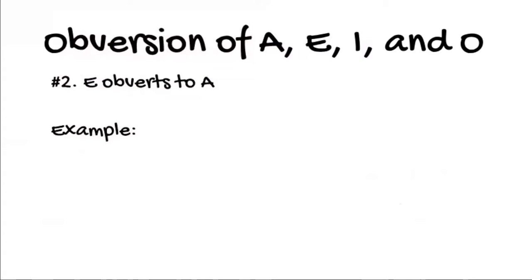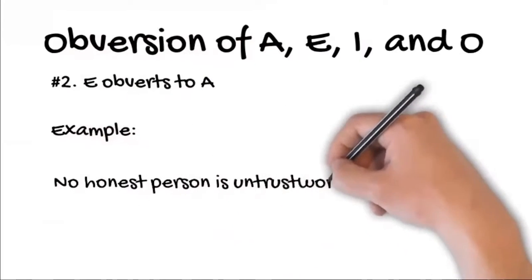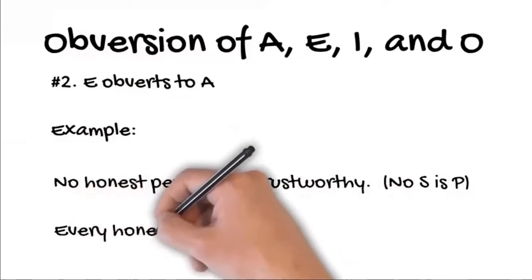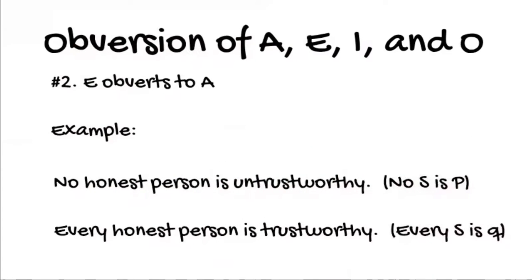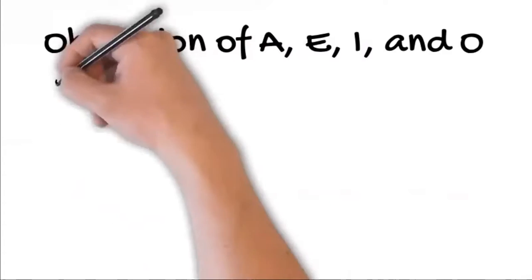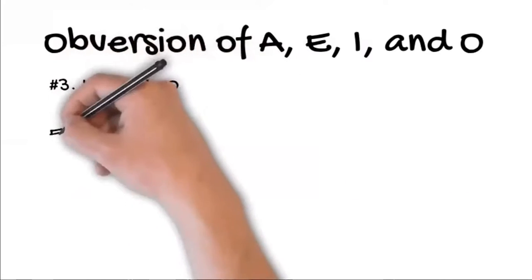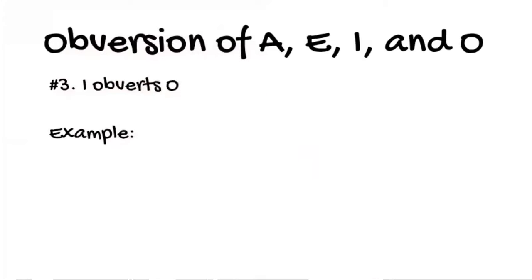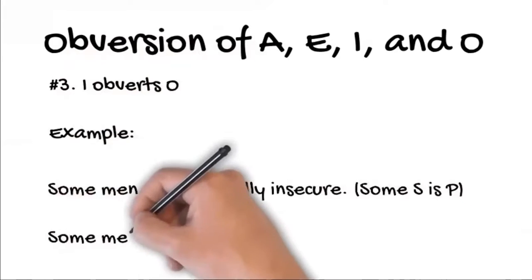E oberts to A. For example, no honest person is untrustworthy. The obverse is every honest person is trustworthy. I oberts to O. For example, some men are physically insecure.